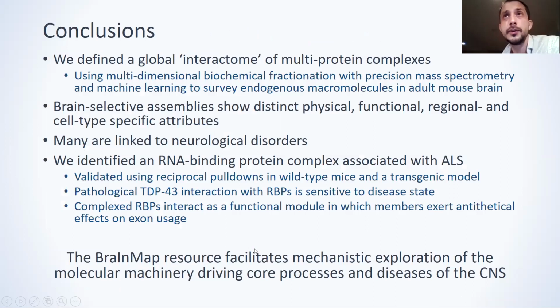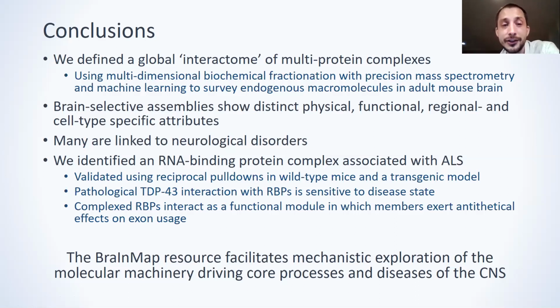So just to conclude this part of the talk, we defined a global interactome of multi-protein complexes using cofractionation mass spectrometry. BrainMap shows assemblies that show distinct functional, physical, regional, and cell type specific attributes.